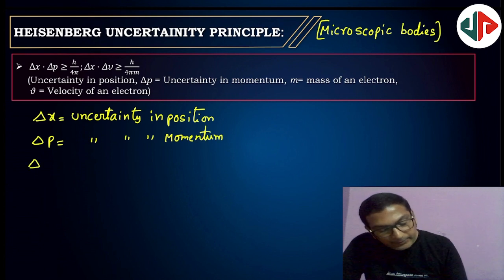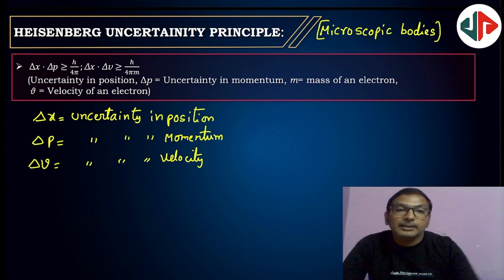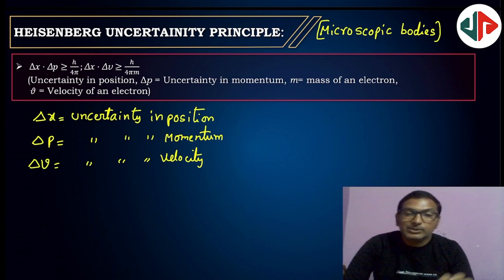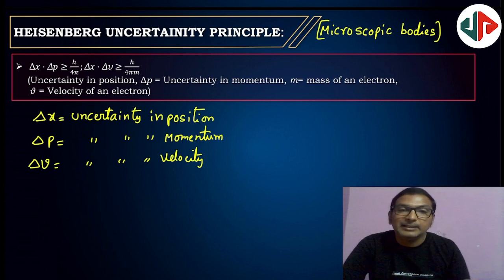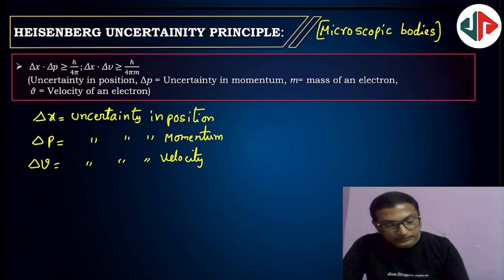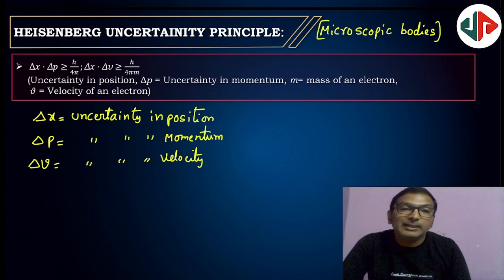Next, delta V, uncertainty in velocity. Here position means position of microscopic particle or material particle, momentum of material particle, velocity of material particle. So the relation is given as delta X into delta P greater than or equal to h by 4 pi, or delta X into delta V greater than or equal to h by 4 pi m.